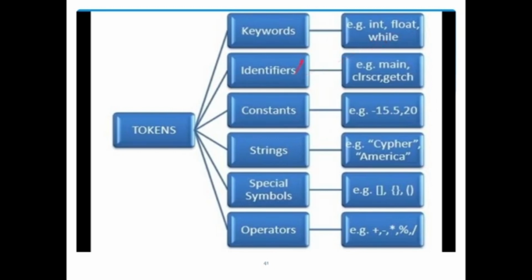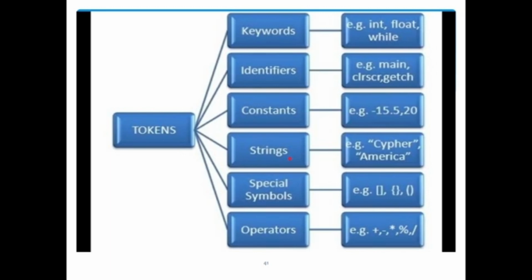Identifiers are main, clrscr, getch, etc. We'll be learning about them also. Constants are constant numbers, like 20 or negative numbers like minus 15.5, etc. Strings: remember, character is different, string is different.